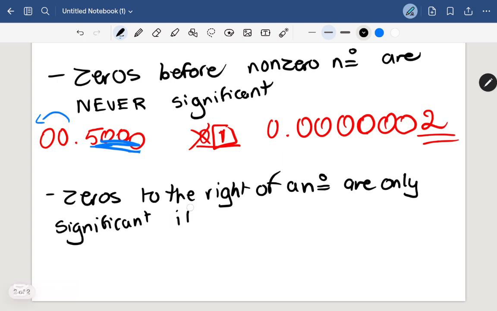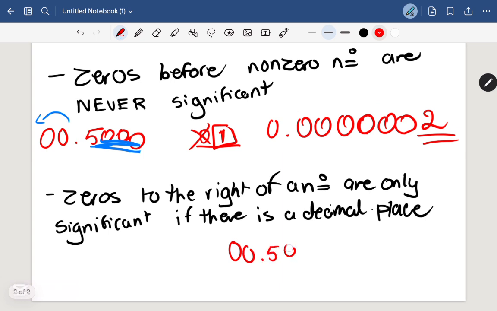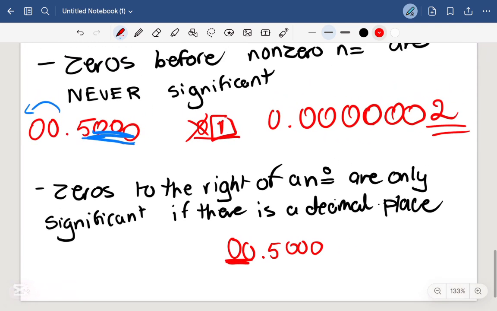They are only significant if there is a decimal place. For example, like the example we took above, we have 0.5000. Here, as you can see, there is a decimal place, but the zeros before the significant number are not significant.